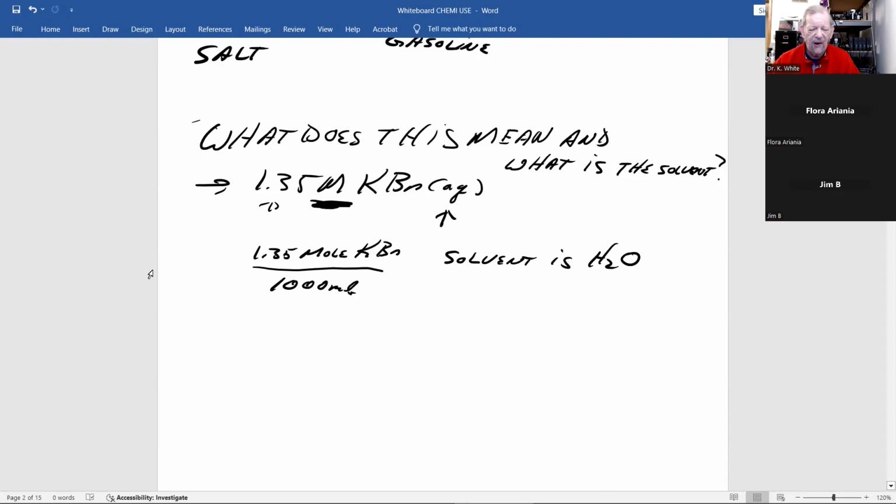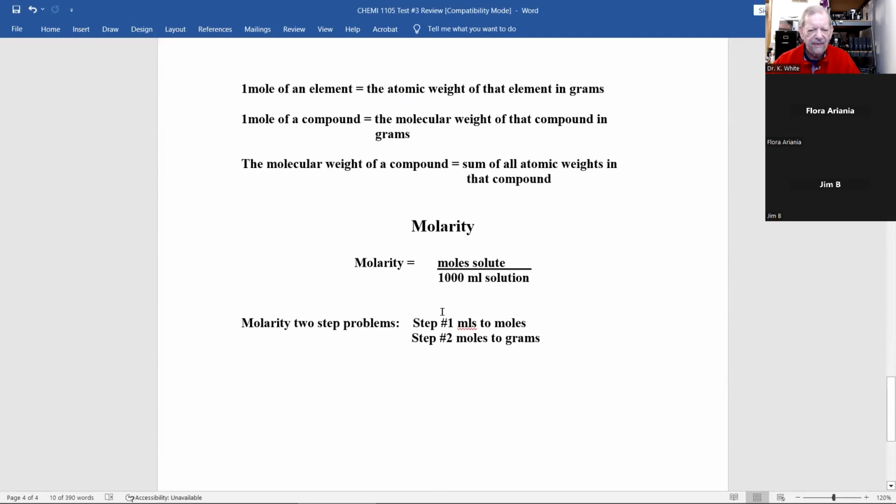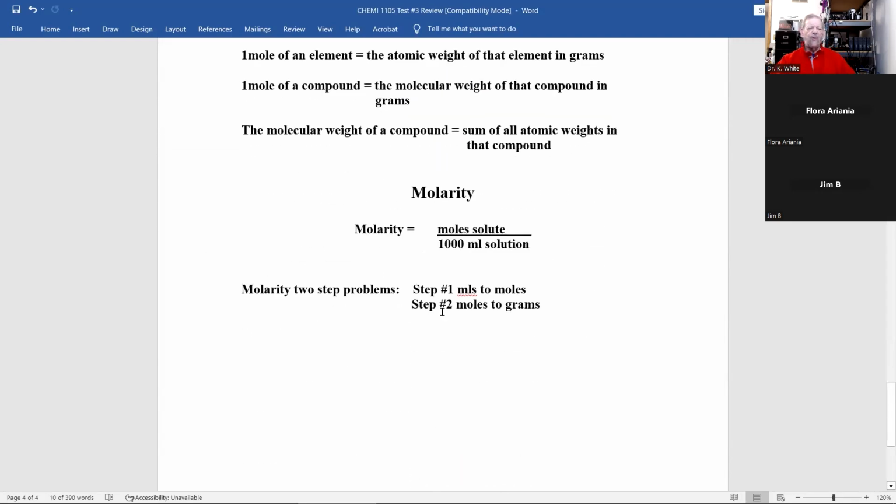And it's important to know whenever you see the capital M, a number before and a formula afterward, it means this: moles of a substance per 1,000 milliliters. Now, when it comes to molarity, remember it's moles of solute per 1,000 milliliters of solution.